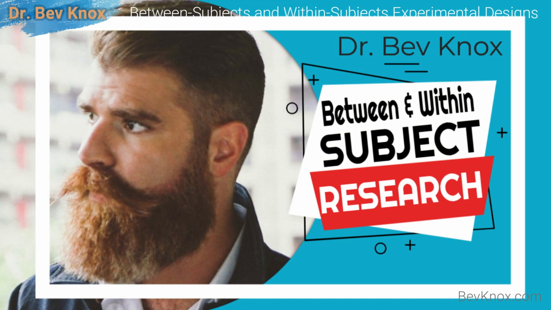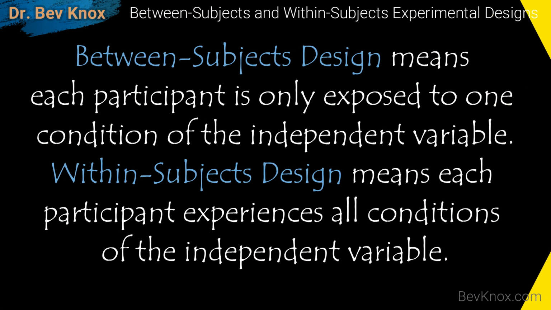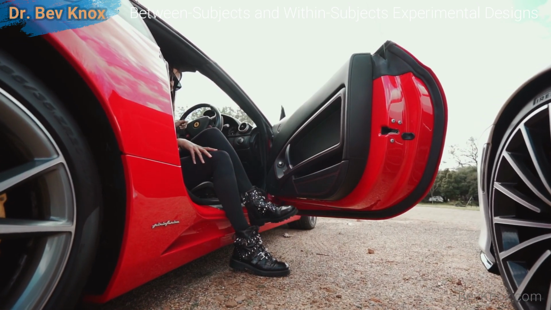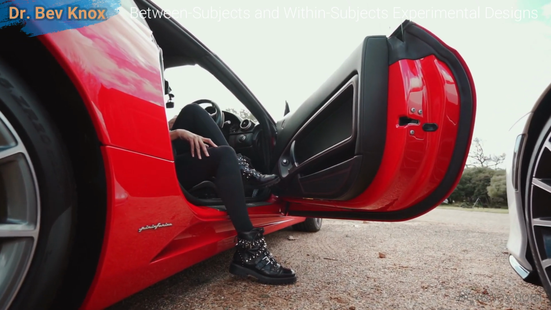In this lecture, we will review between subjects and within subjects experimental designs. In experimental research, a between subjects design means each participant is only exposed to one condition of the independent variable, while a within subjects design means each participant experiences all conditions of the independent variable, essentially comparing their own performance across different treatments.